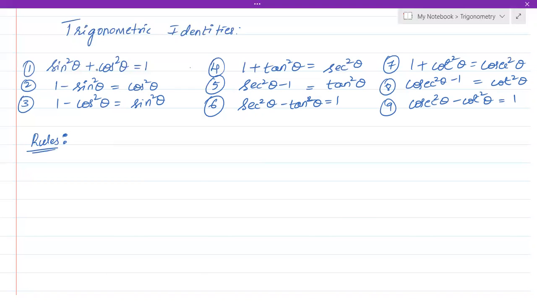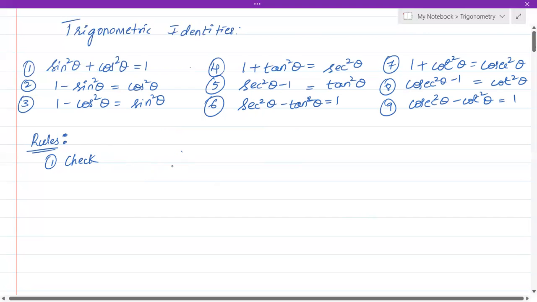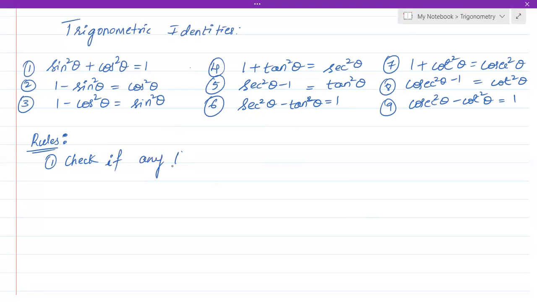Now, if you follow these 4 rules, which I'm going to give, the problem will become much easier. The first rule is: check if any trigonometric identities are there.